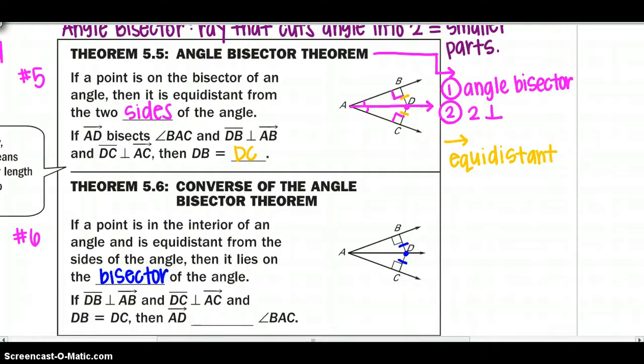So again, looking at the picture, if BD is perpendicular to ray AB, and if DC is perpendicular to AC, and I also have equidistant sides, then my final answer can say that ray AD bisects the angle.